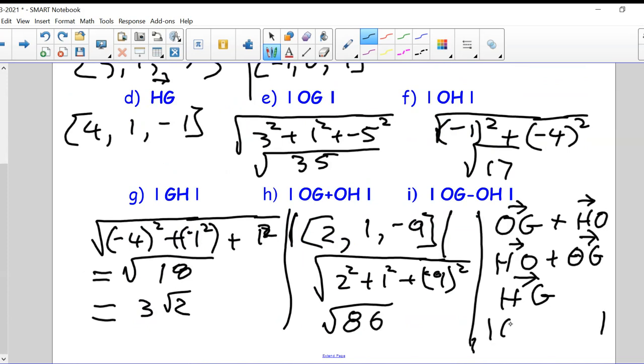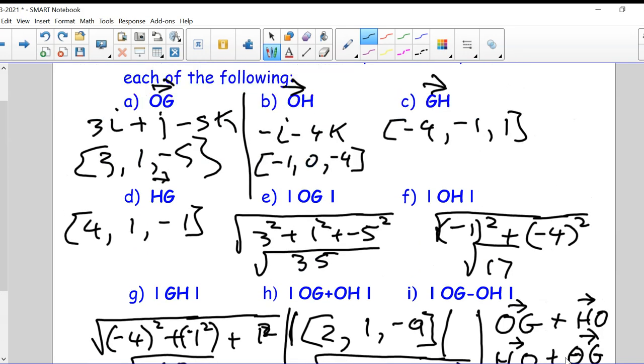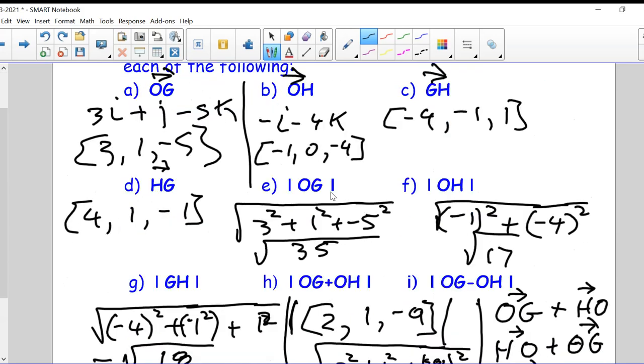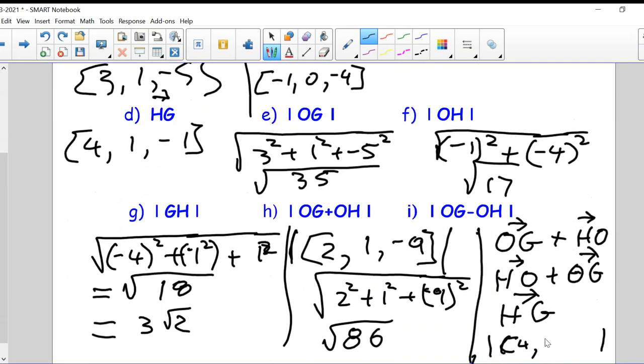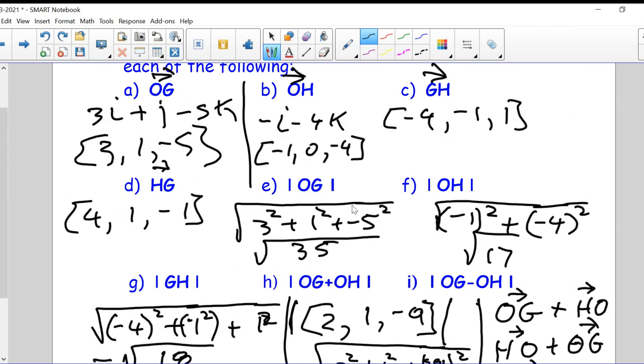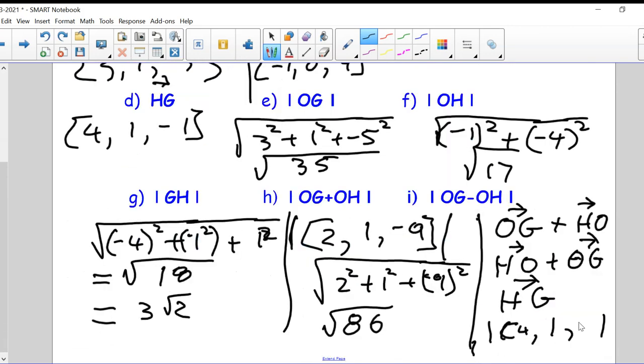So it should be 4. Then again, I'm subtracting, so it's G minus H. So it's 1 minus 0. So that's just 1. And then the third component, remember it's G minus H, would be the minus 5 minus the minus 4, which is minus 1.